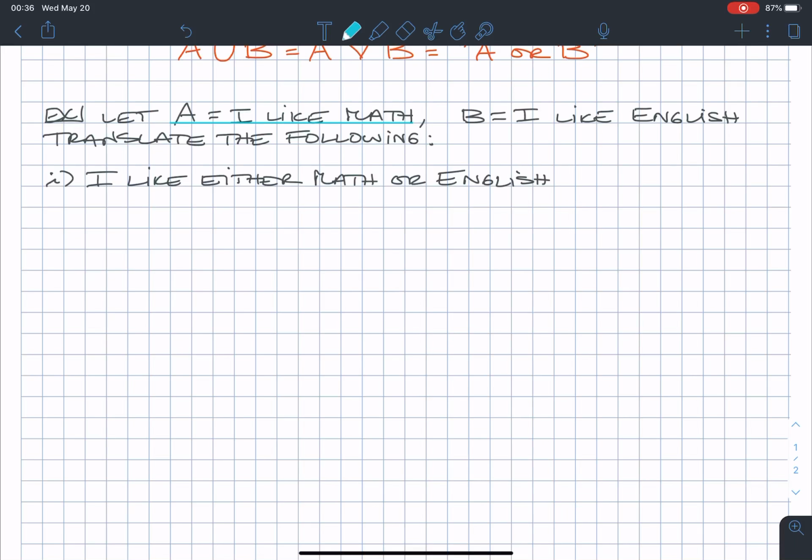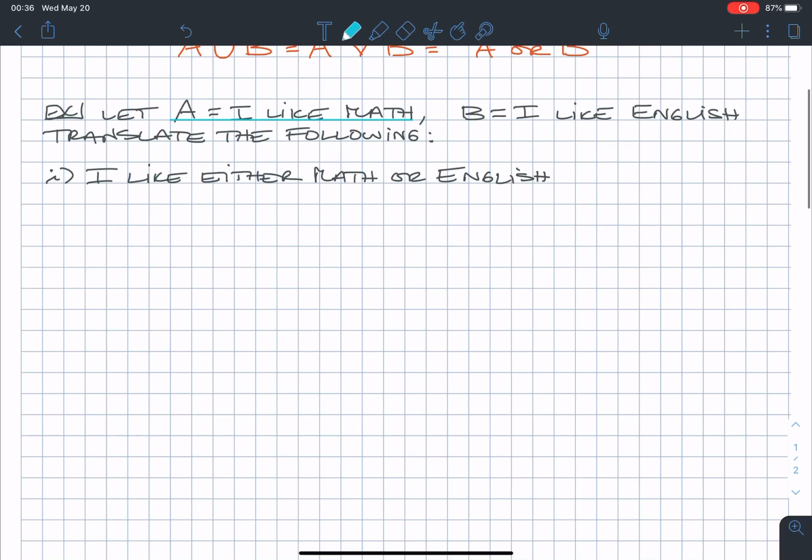I like math is the A. And either or, we know is the or, so that's the union. Let's have B, I like English. So I like math or I like English, A or B.